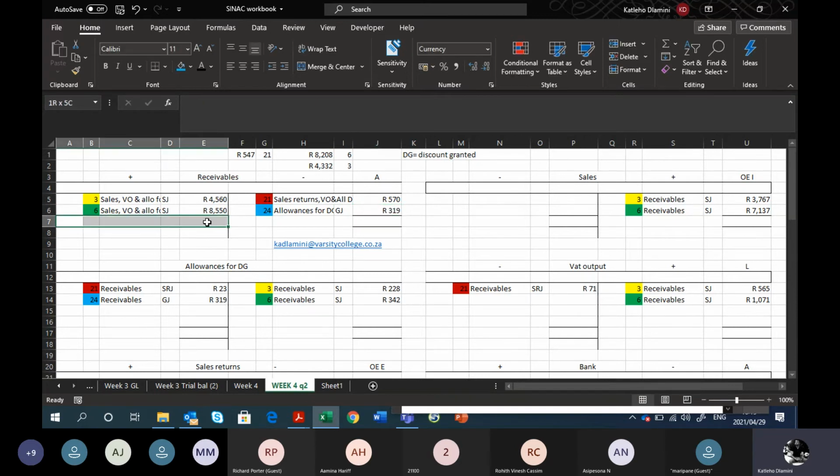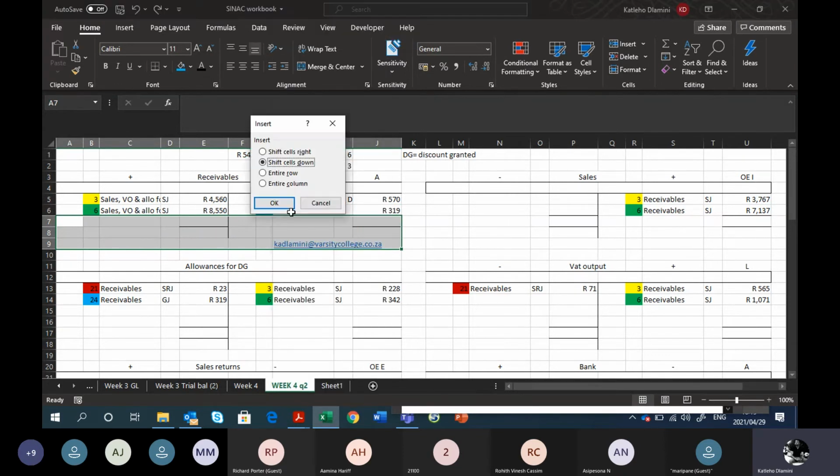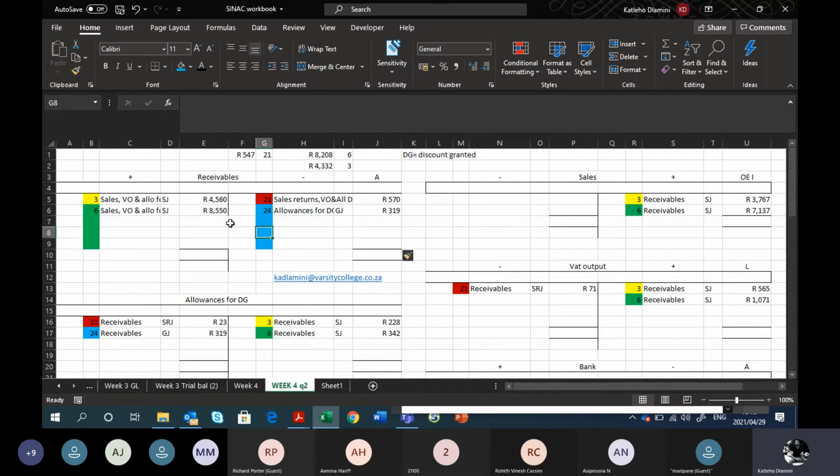I'm going to have to insert here. So 319 is being subtracted over there.